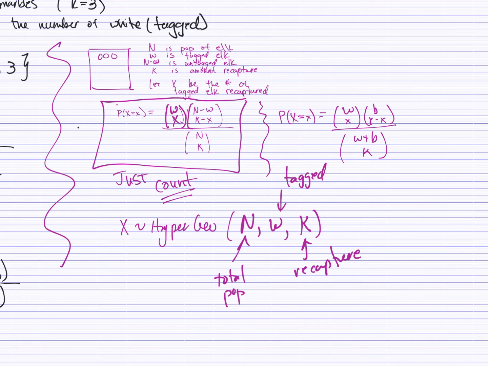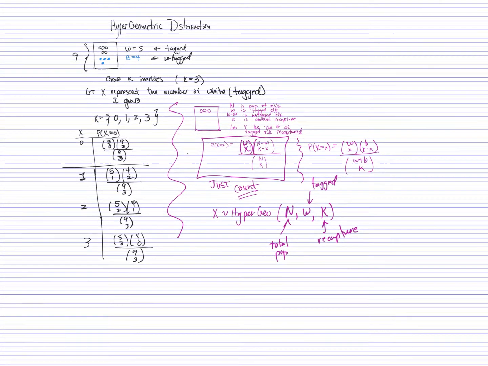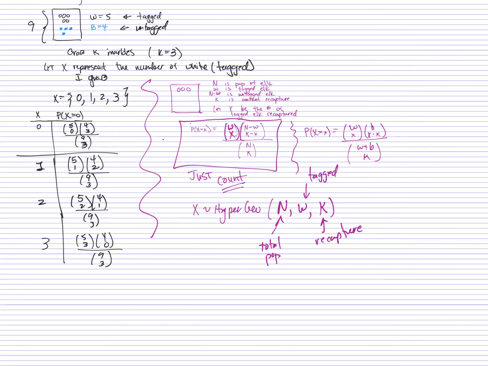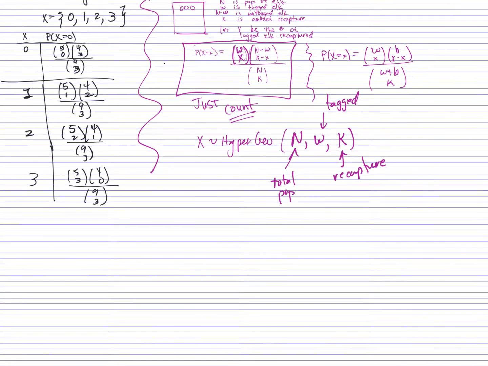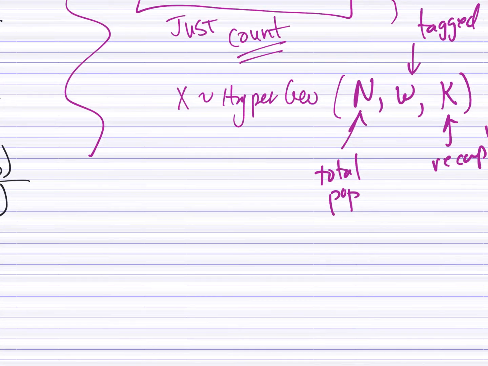Now, how does this differ from the binomial and all the rest, right? I'm still counting the number of successes here. So this is still the number of successes. And K is the number of trials, so I do have a fixed number of trials, right? So let's write down what's happening. We do have a fixed number of trials.